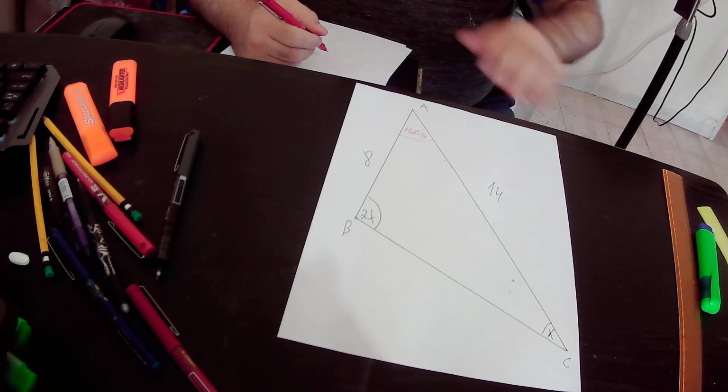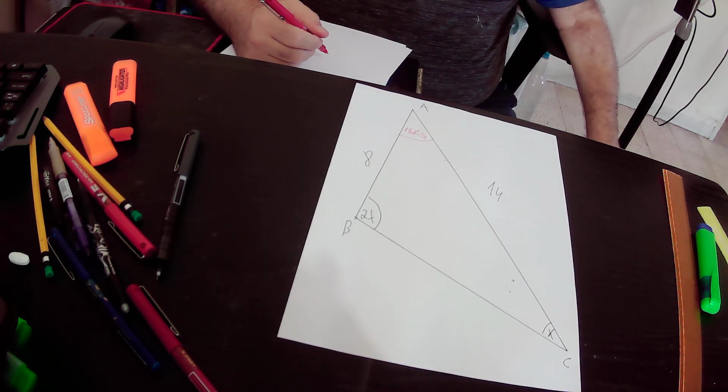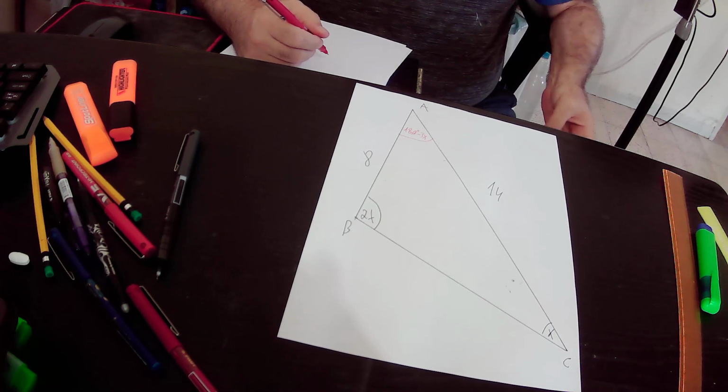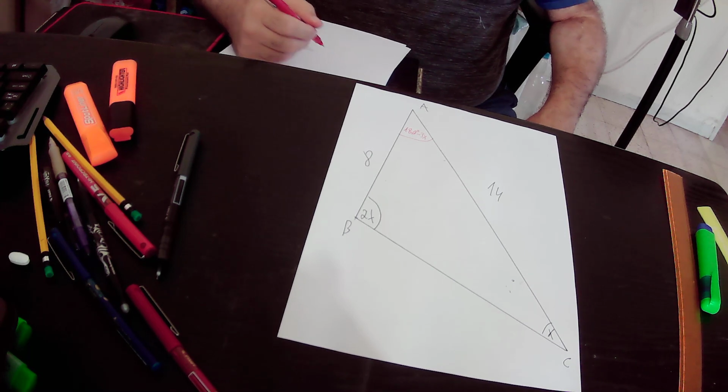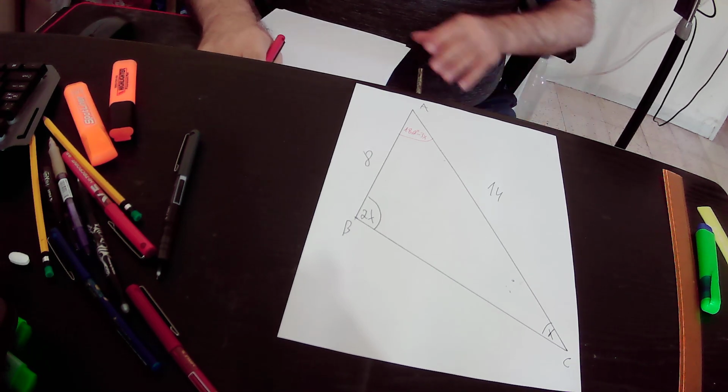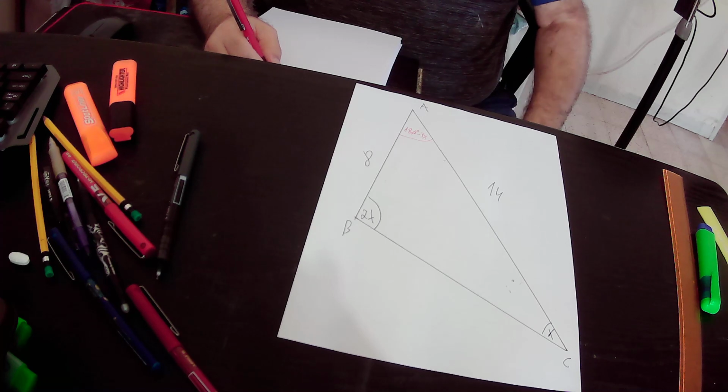In the next step, I will present to you a new rule, rule number 4. In rule number 4, I will present a new formula for the area of any triangle.